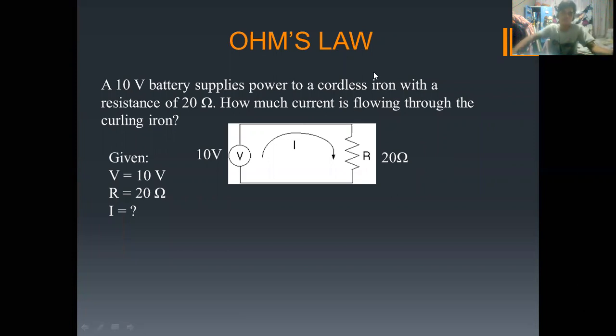Sample ng Ohm's law. A 10-volt battery supplies power to a curling iron with a resistance of 20 ohms. How much current is flowing through the curling iron? Formula natin, kagaya nung sinabi ko kanina, ang formula natin sa Ohm's law is the current equal to voltage over the resistance.